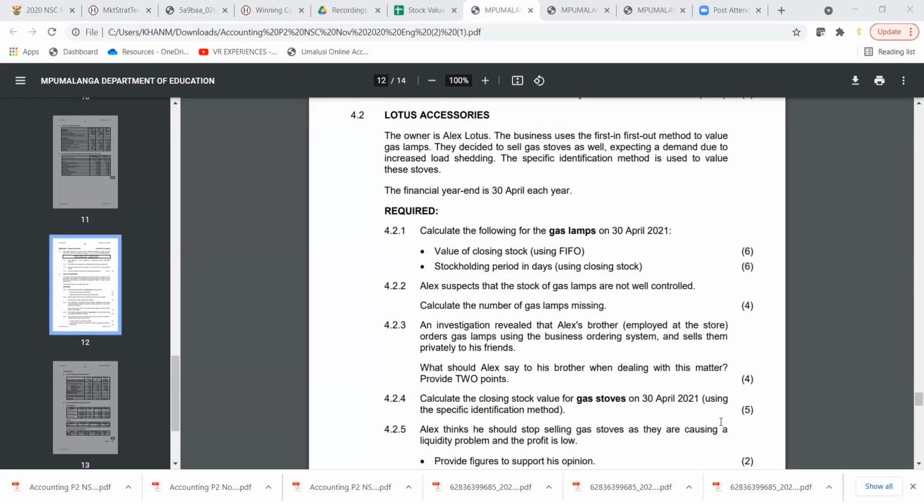The value of closing stock, and also calculate the stock holding period in days using closing inventory. Okay, so the value of stock and the stock holding period in days using closing inventory. So let's have a look at the information.